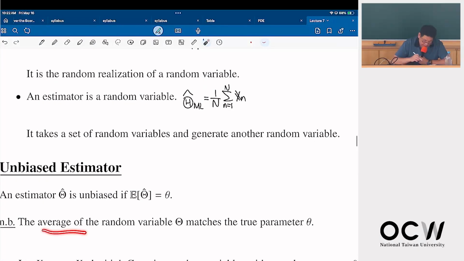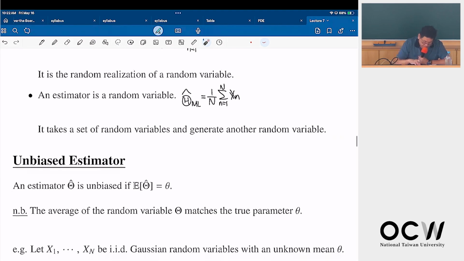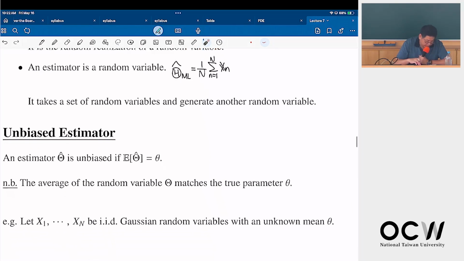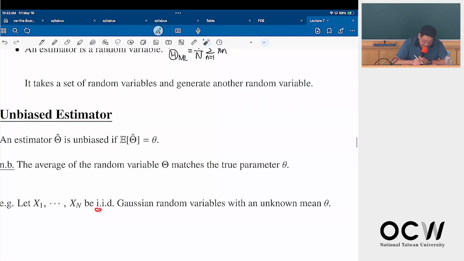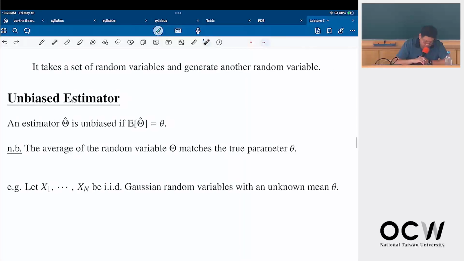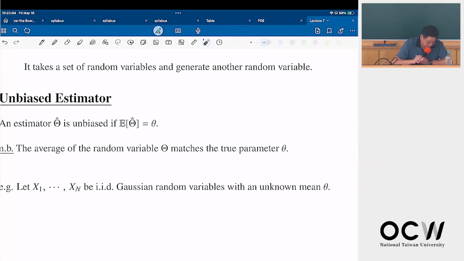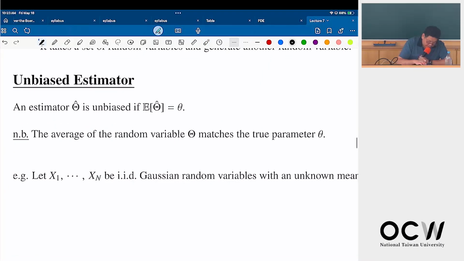So the average of the random variable matches the true parameter. For example, I have IID Gaussian random variables and I have unknown mean. So the mean is theta. So we can get the maximum likelihood estimator.